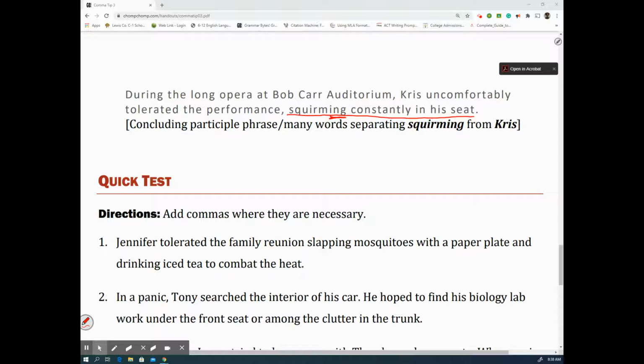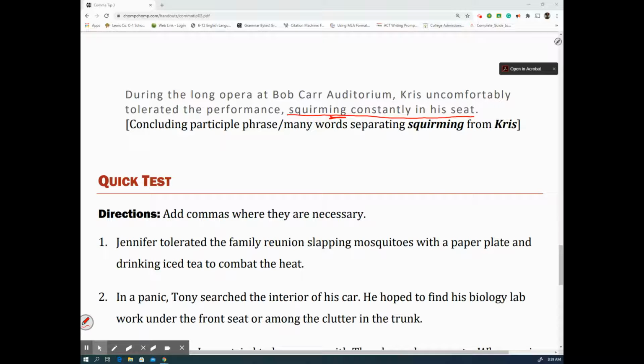Typically, participial phrases will be sitting right next to the thing that they are describing. So typically this would be, "During the long opera at Bob Carr Auditorium, Chris, squirming constantly in his seat, uncomfortably tolerated the performance."